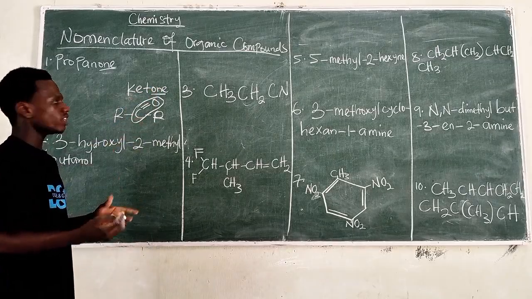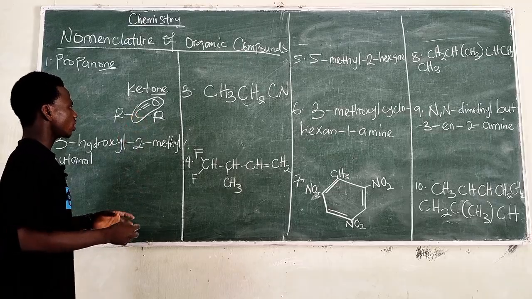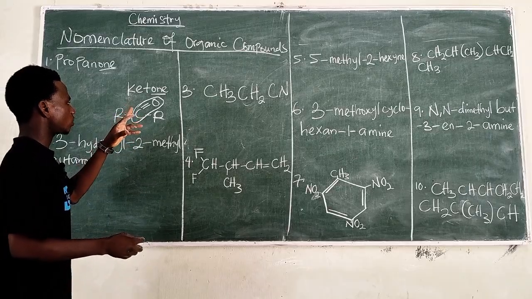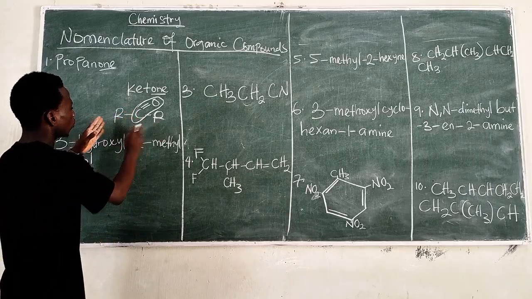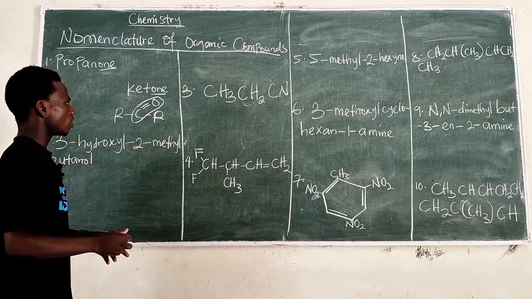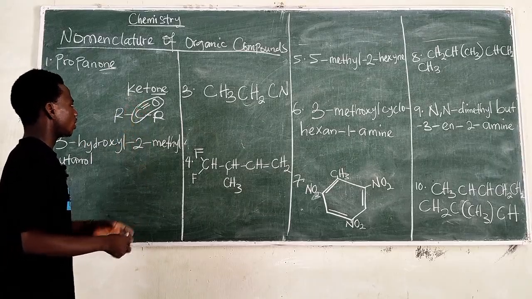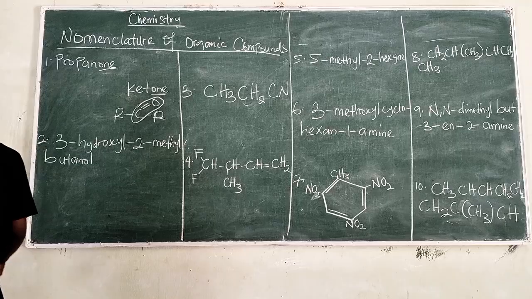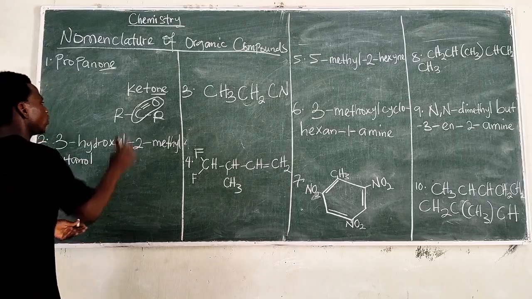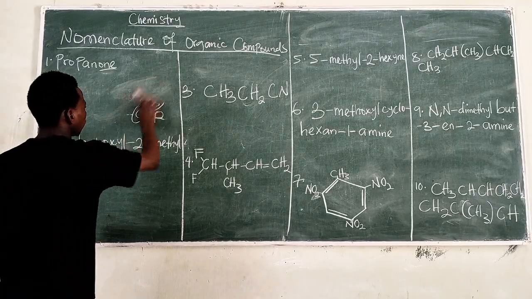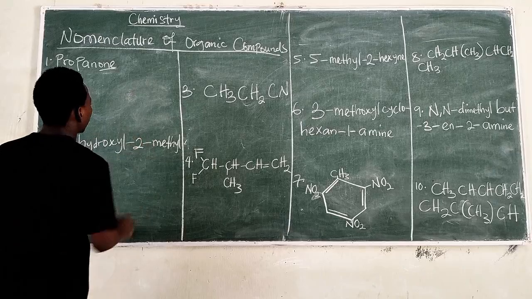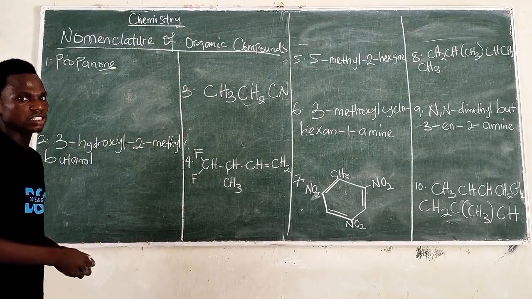But if the structure is given and the carbon is bonded to two other alkyl groups, then you have the ketone family also. So it depends on what you're going to do. First thing first, identify what you're dealing with before moving on to how to deal with it.